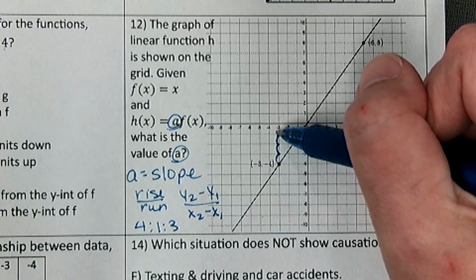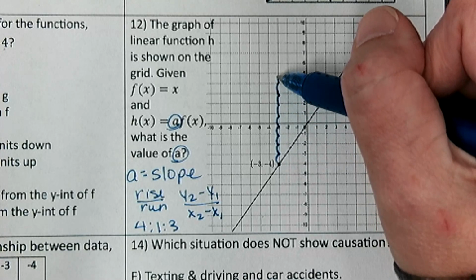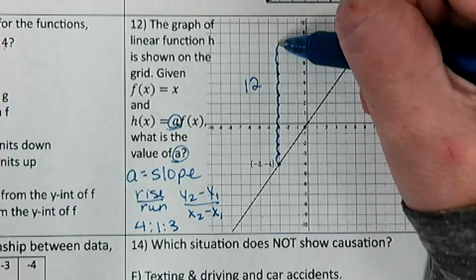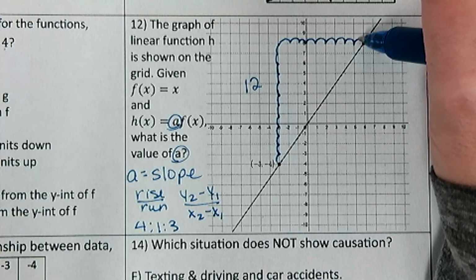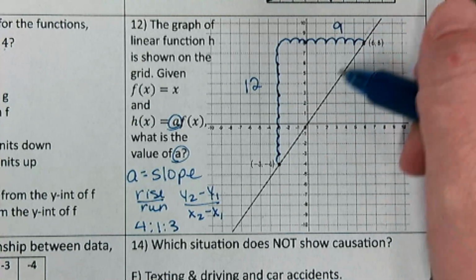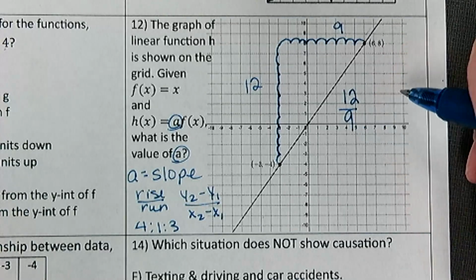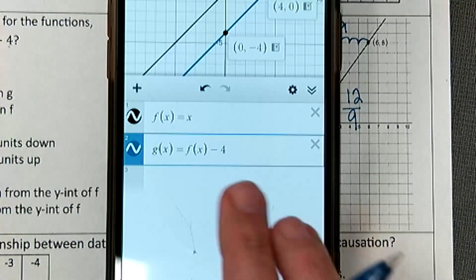1, 2, 3, 4, 5, 6, 7, 8, 9, 10, 11, 12. Count carefully. 1, 2, 3, 4, 5, 6, 7, 8, 9. And it is a positive. It is going up. So I have rise 12 over run 9. If we're not sure what that simplifies to, you can use your Desmos calculator.